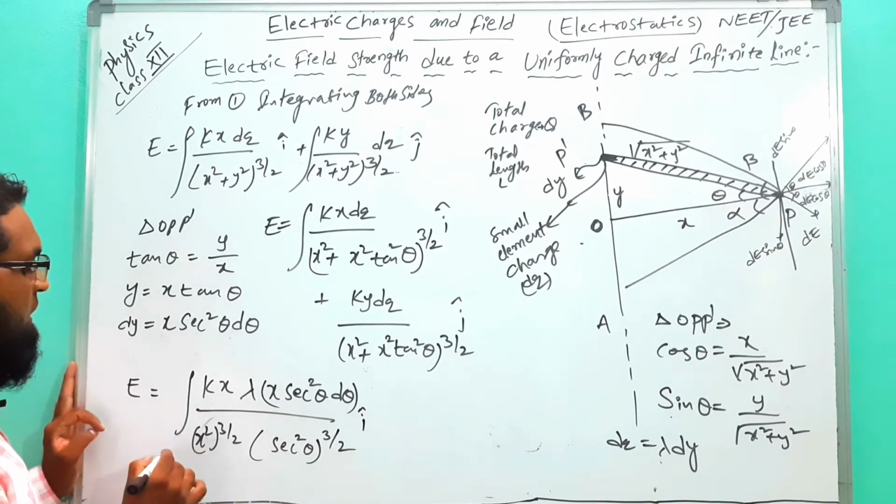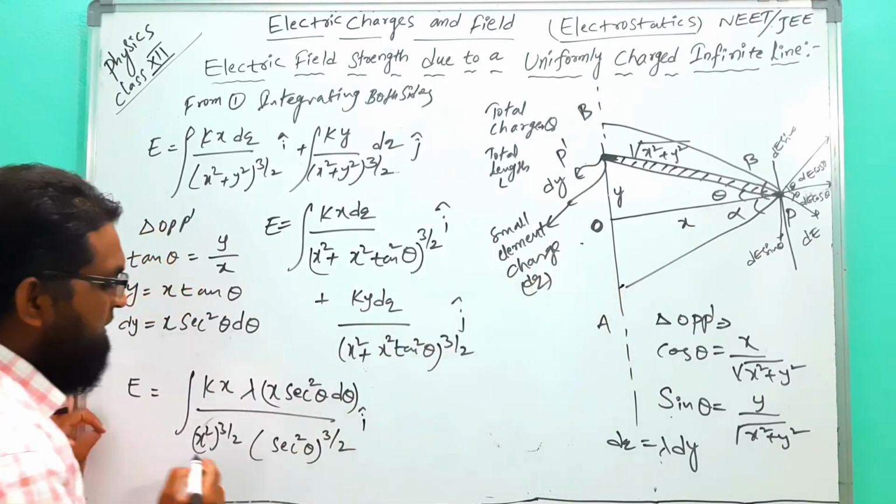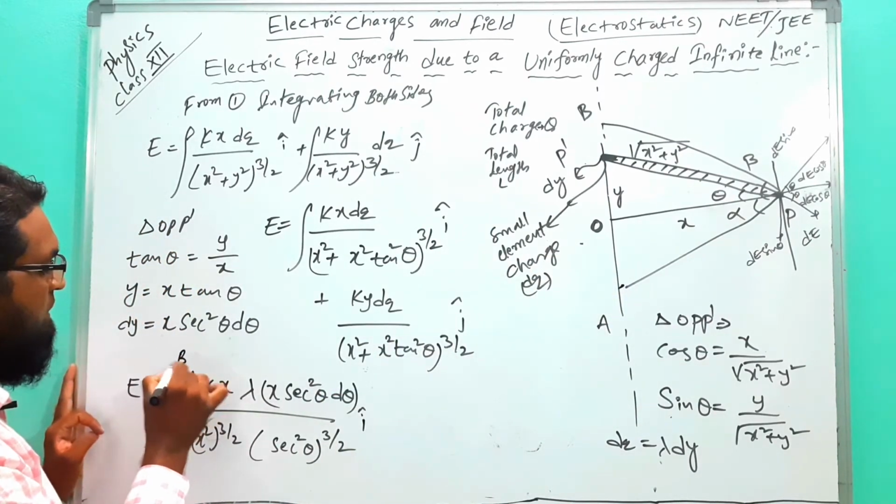The angles are the lower and upper limits, the relation of angles alpha and beta.